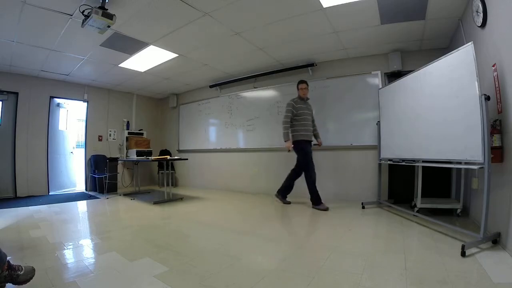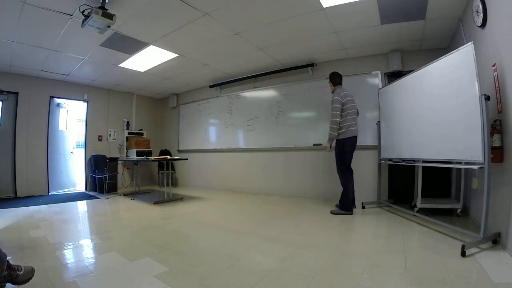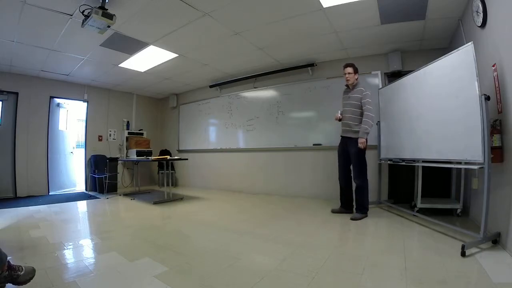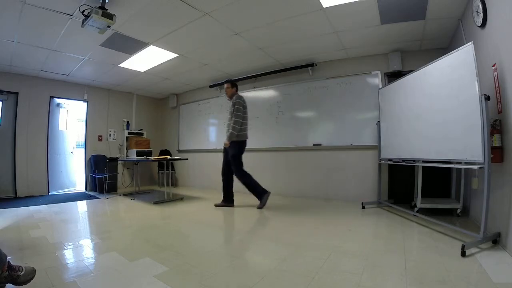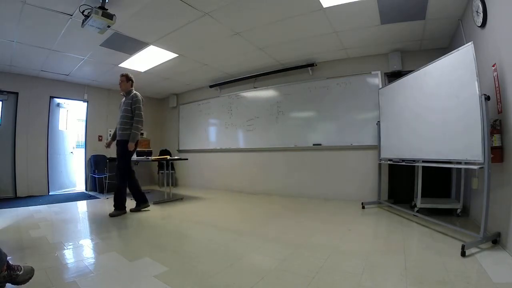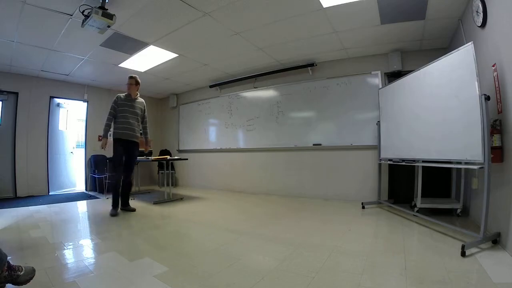And let me just start making some substitutions. This is the mass of my chunk of fluid that I'm examining. The mass of my fluid is going to be the density of the fluid times the volume. That's, of course, just the definition of density. So mass is density times volume.